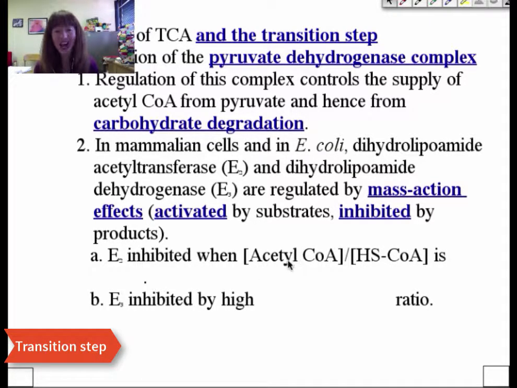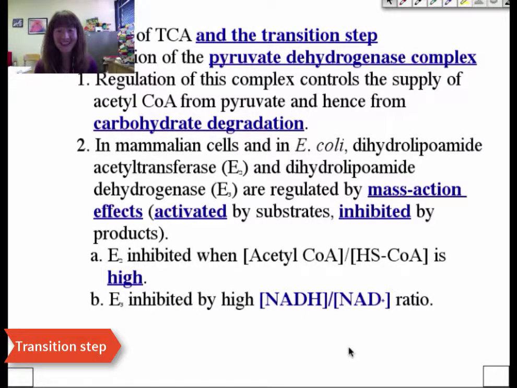And we can recognize E3 being inhibited likewise when we have high NADH product over lower reactant NAD+. So we're recognizing those impacts of mass action ratios. Awesome. Pyruvate dehydrogenase is also regulated in another way, and we need to go on and talk about that more convoluted way next.